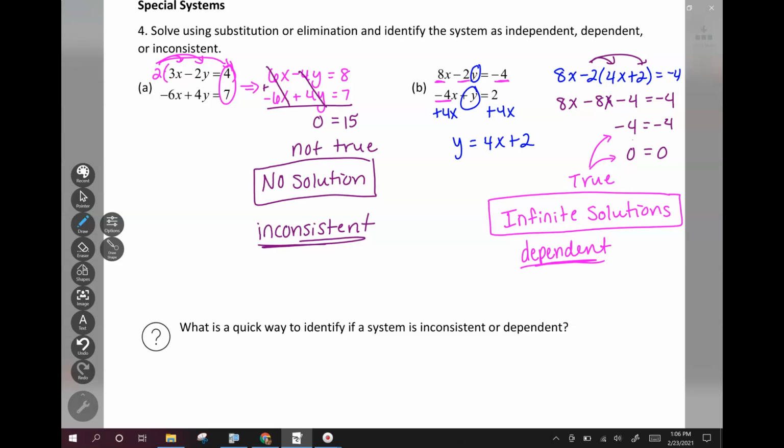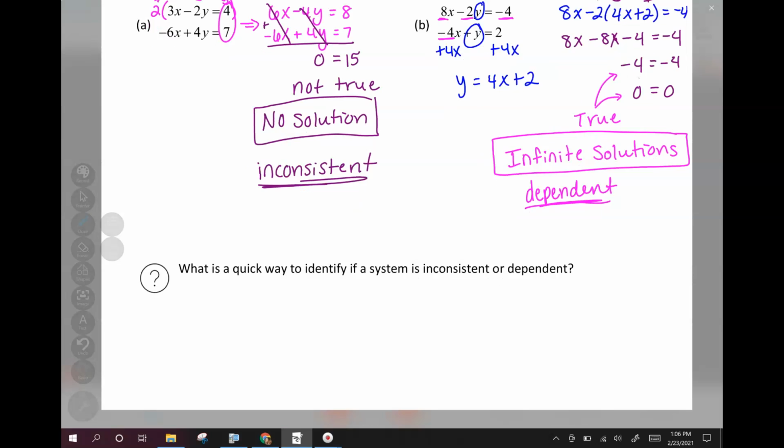So for example, if I multiply the first equation by -2, it would give me the second equation, except for the constant at the end would be wrong. So if that happens, then it's going to be inconsistent, no solution. They're almost the same line, but the constant is wrong, so they're going to be parallel, but not the same line. So that would be no solution.